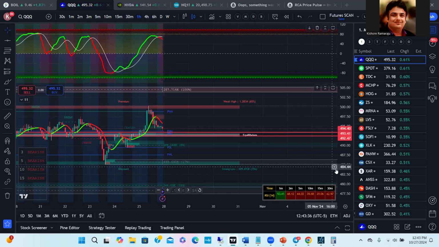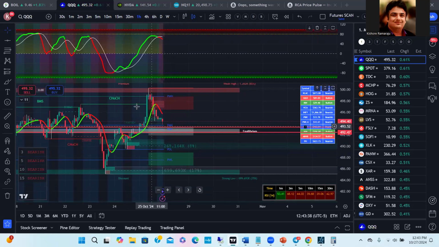The high level trend: your market is in a bearish trend now. Until this becomes green, until it again starts moving up, it may come all the way down to this point. Your QQQ is in a bearish trend. So now you go to 1 minute or 5 minutes and only execute. If you want, you can only do the puts.